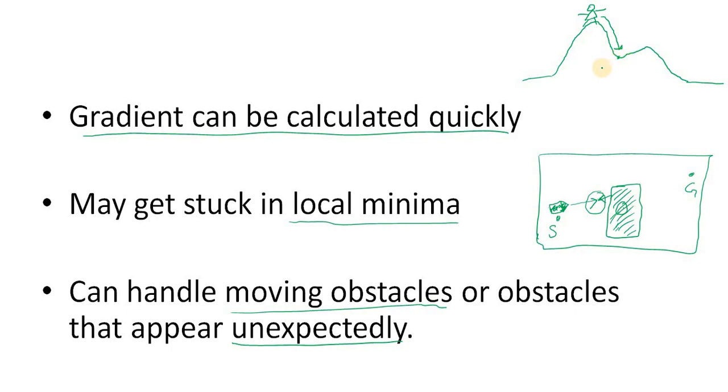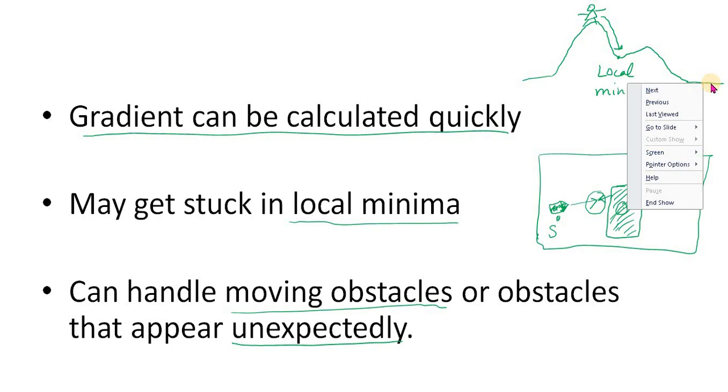But this is the local minima. The actual minima, or the minimum height, is here, from here to here. This is called the global minima.